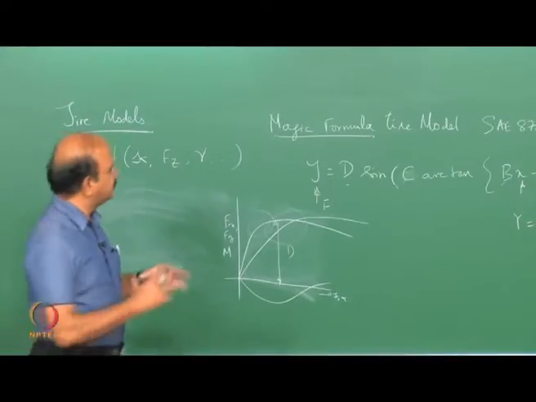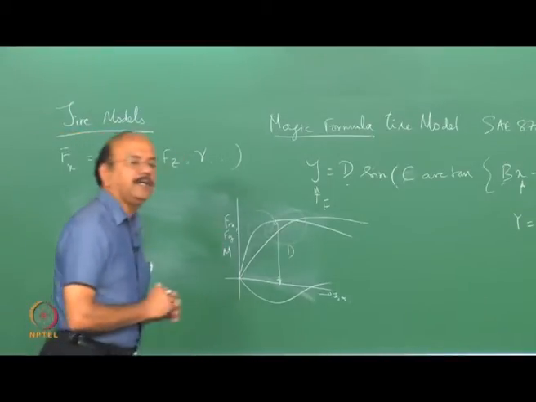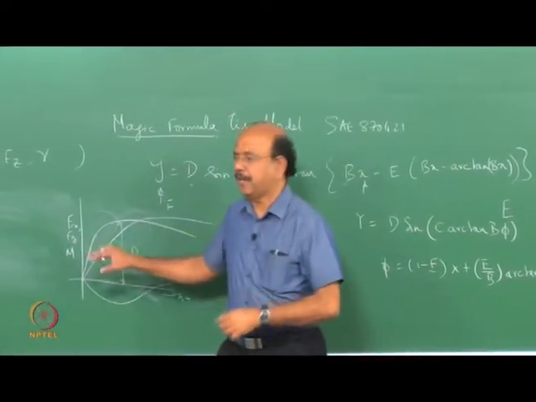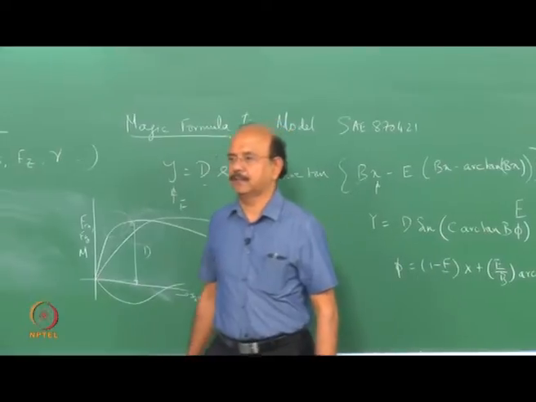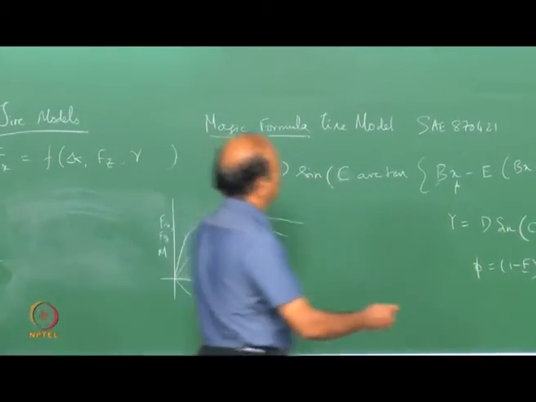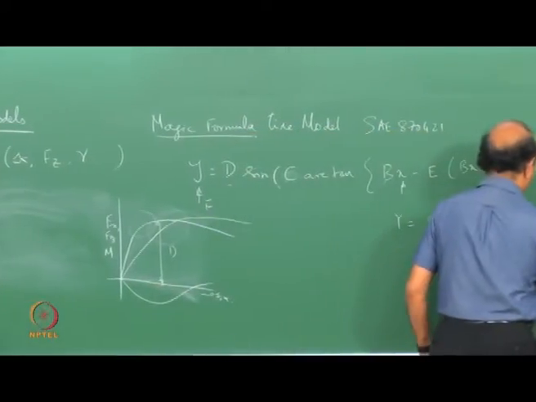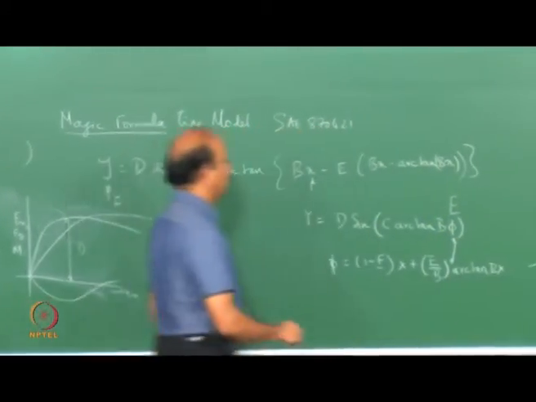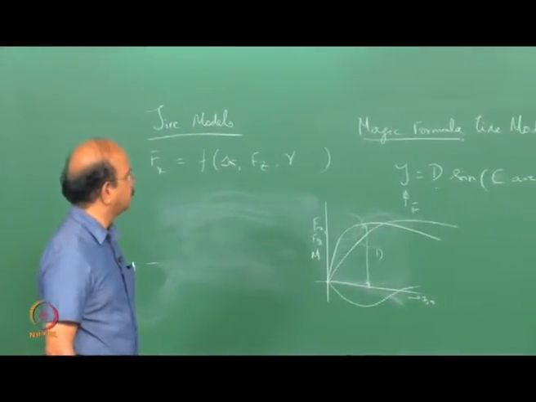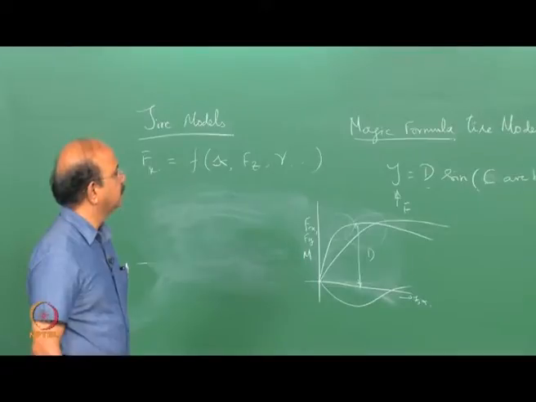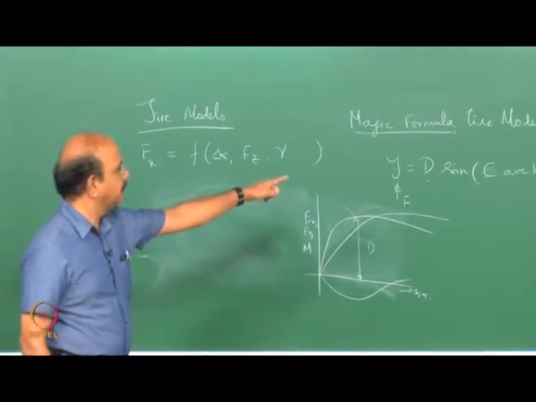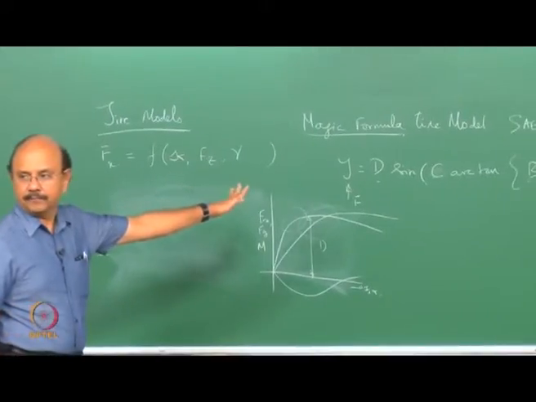Now, without confusing C and D, let me call this C as a shape factor because it gives the shape, and E as a curvature factor. Now, substitute that into this expression for phi. Rewrite this expression. What do you get? You get an expression which is written there.